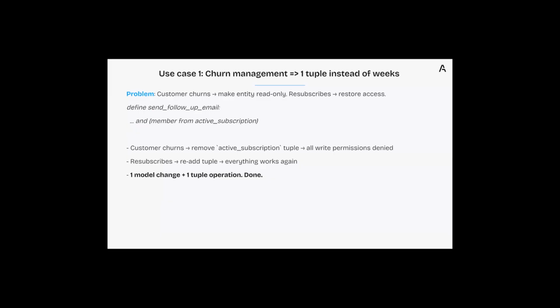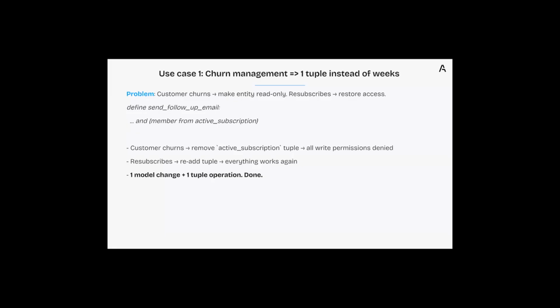One use case that I like with OpenFGA is the churn management use case. We introduced this use case after introducing OpenFGA, and it was very powerful, because before OpenFGA, handling churn would have meant every service implementing their own "is this customer still active?" check.